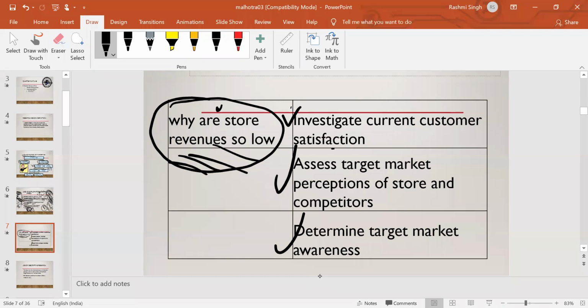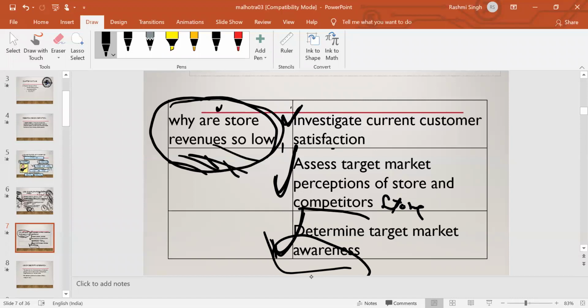Then you will try to assess the target market's perceptions of your store and the competitors' stores. Then determine the target market awareness, meaning consumers' brand awareness. These are the different areas in which you can look.